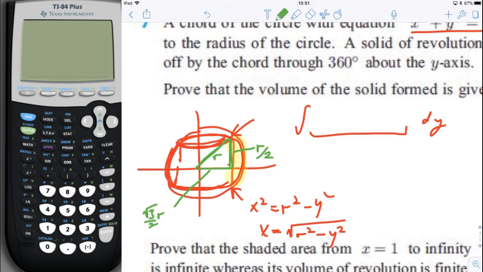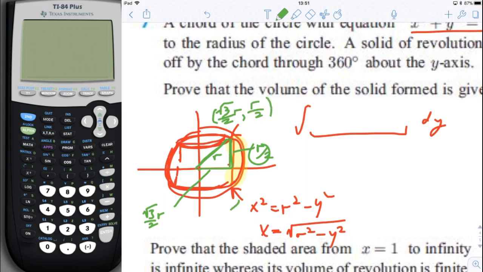Okay, so does that help us figure out the limits of integration? Actually, just by knowing r over 2, I think we already kind of knew it, so not a big deal. Okay, so for example, this point here would be positive, I'm sorry, it would be square root of 3 over 2r, comma, r divided by 2, right?